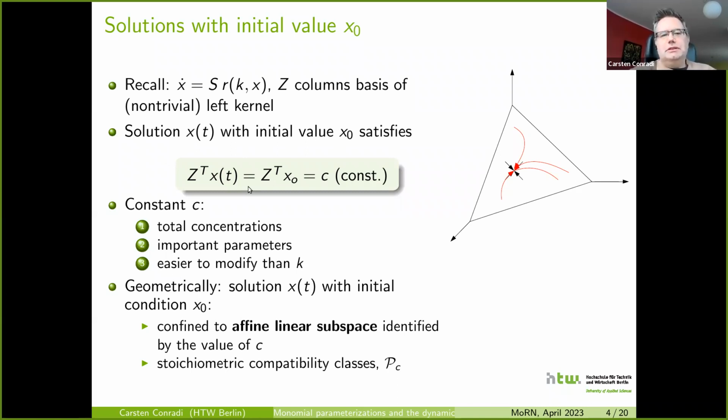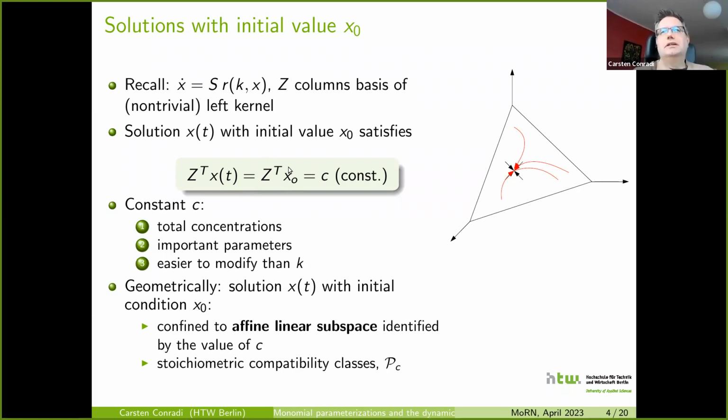Given this matrix Z that spans the left kernel, if I multiply any solution with this matrix, then it evaluates to a constant in time. And this constant is defined by the initial conditions.